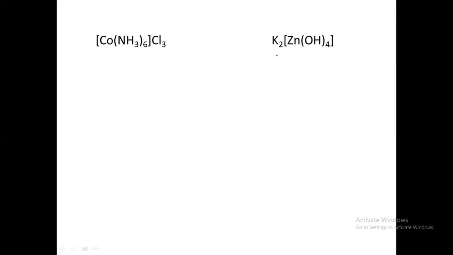So always name the positive part first. So it's going to be potassium. Potassium is a metal, right? So whenever you're writing a metal, the next thing should be the charge of the metal. Potassium is always +1. K is always K plus. Because it has no other charge, if you don't write the charge of potassium, it's fine. By default, it is +1.